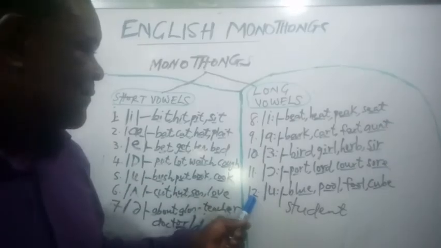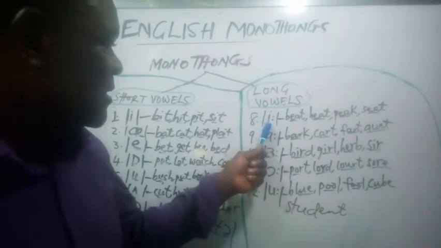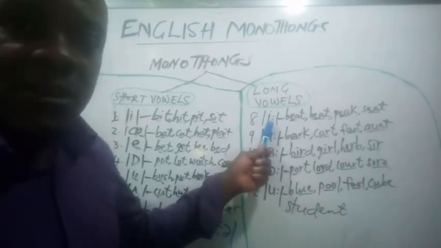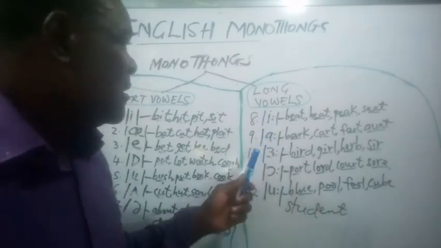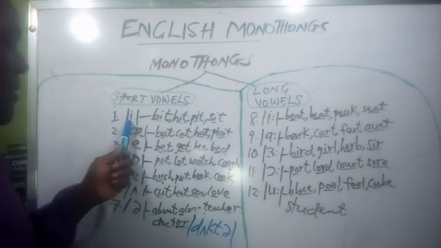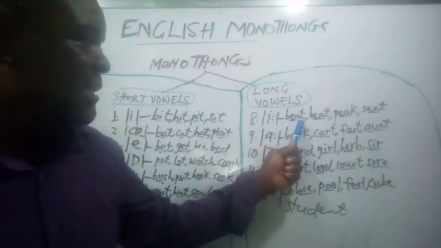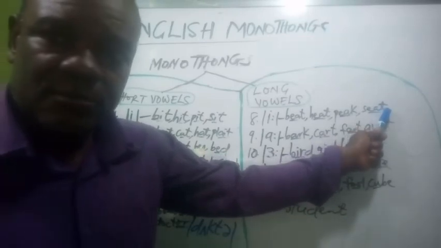These are the 5 long vowels, and we start with the first one, which is the long E sound. It is pronounced E. In contrast to the short sound, this is E, as in beat, heat, seat.